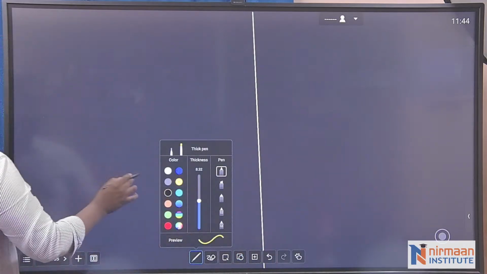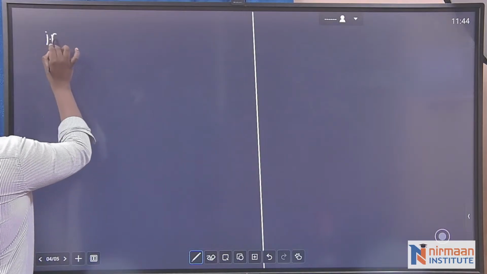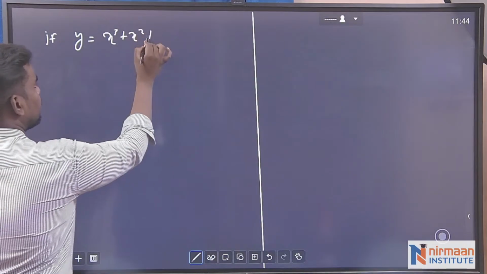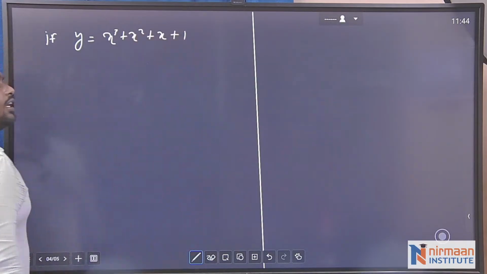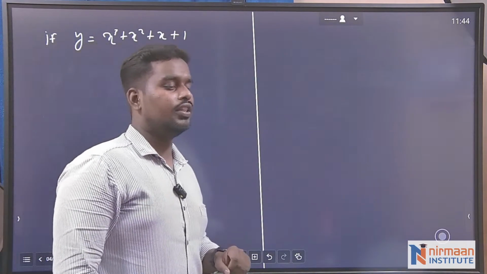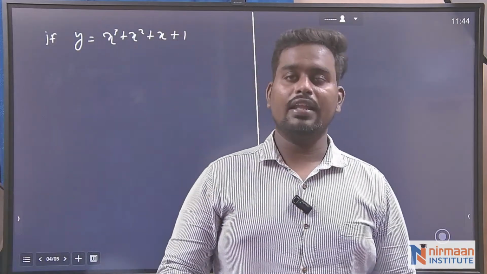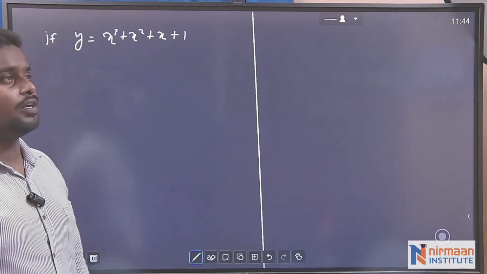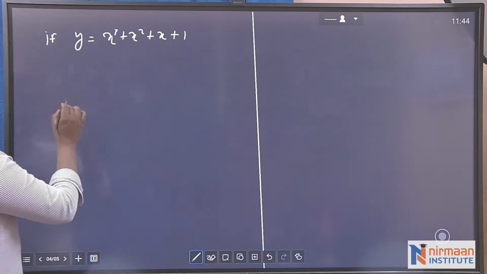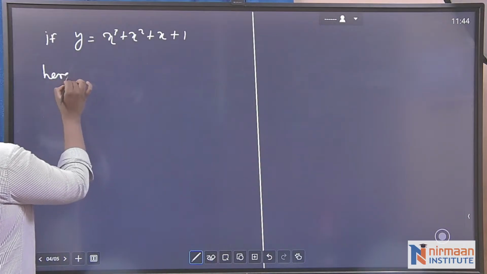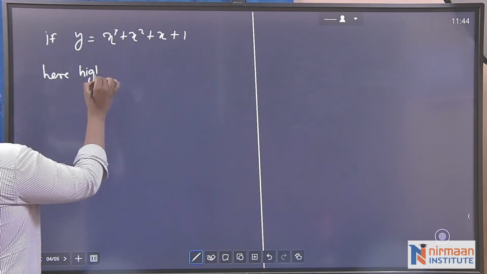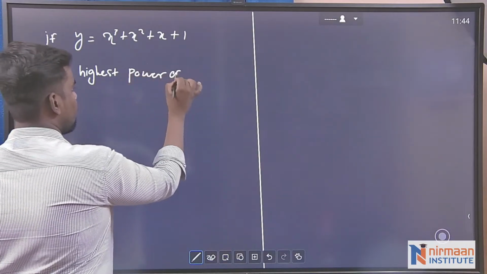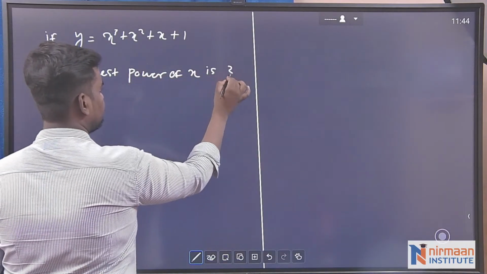If y equal to x cube plus x square plus x plus 1, tell me, what is the order of this equation? Means linear, quadratic, like this. What is the highest power? The highest power of x is 3.